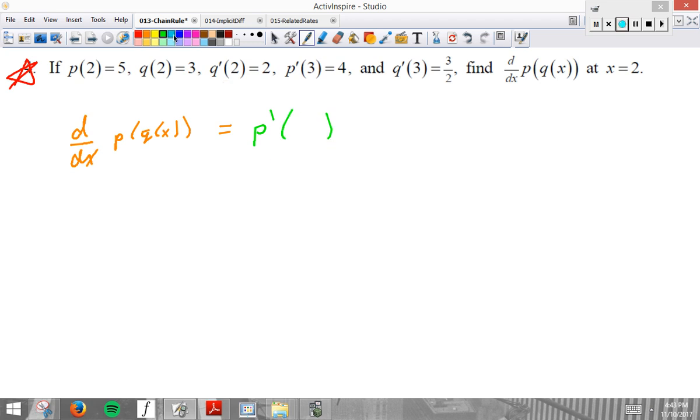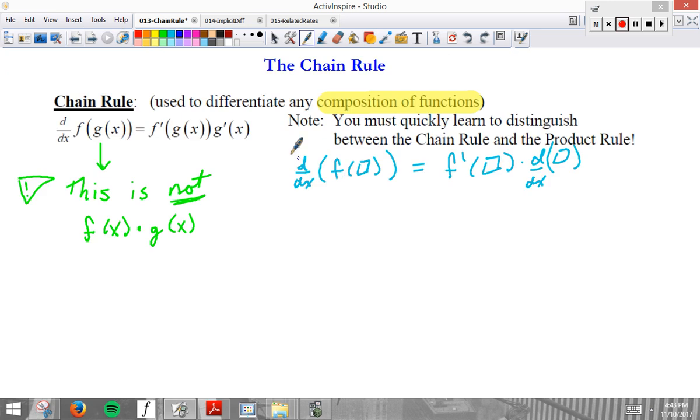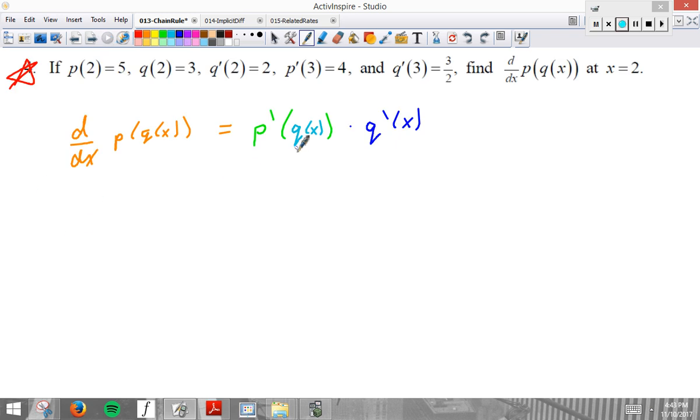We keep the inside the same. And then we multiply by the derivative of the inside function. Notice how this is the exact same thing except we use P and Q instead of F and G. It's going to be much more confusing when you start doing the product rule this way. Please be careful.